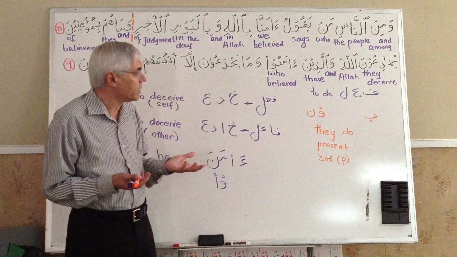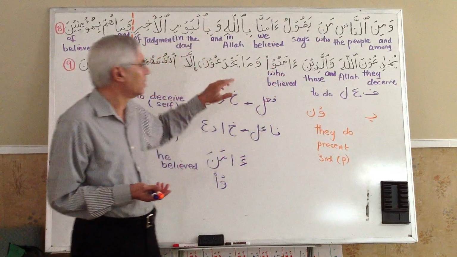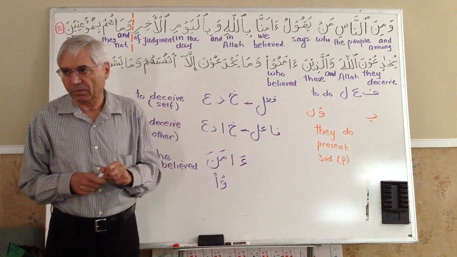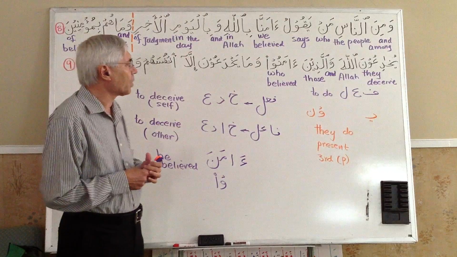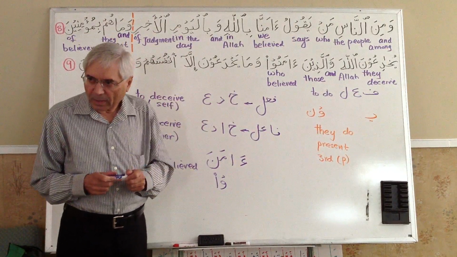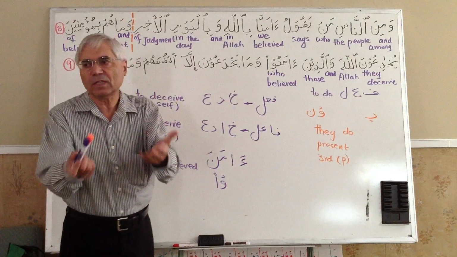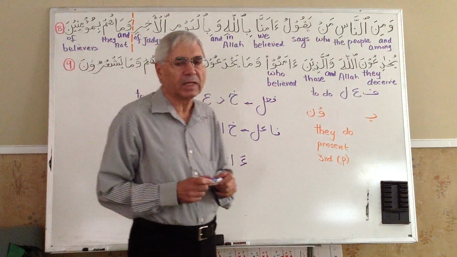And then Allah subhanahu wa ta'ala further clarifies what they are actually trying to do. They are trying to deceive Allah, and they are trying to deceive those who believed in Allah subhanahu wa ta'ala. So that is the meaning of وَالَّذِينَ آمَنُوا, and those who already believed, they are deceiving them. They are lying to them by saying that they have believed.